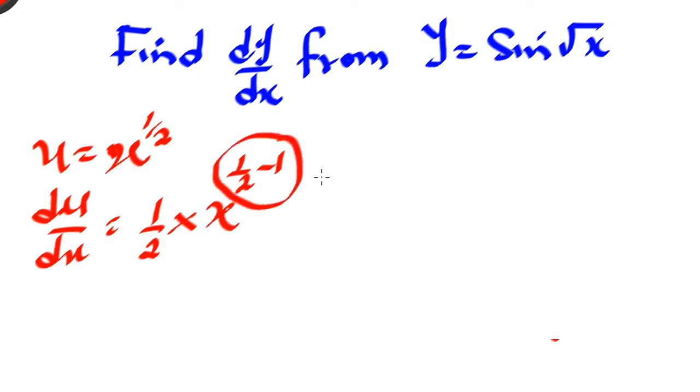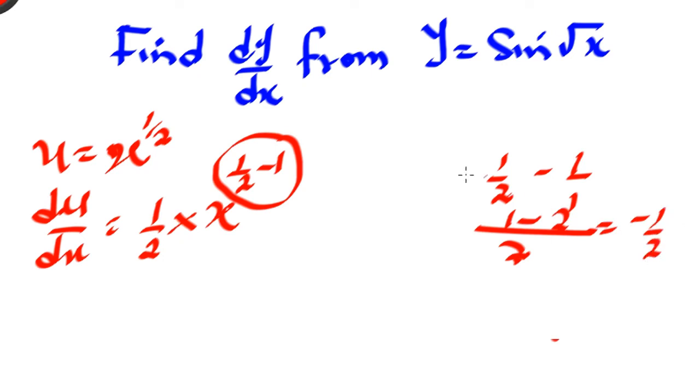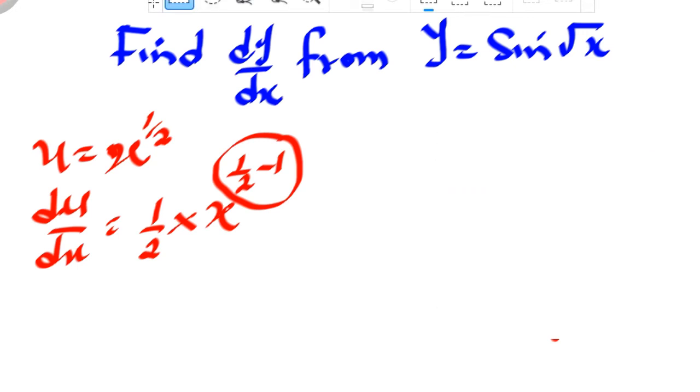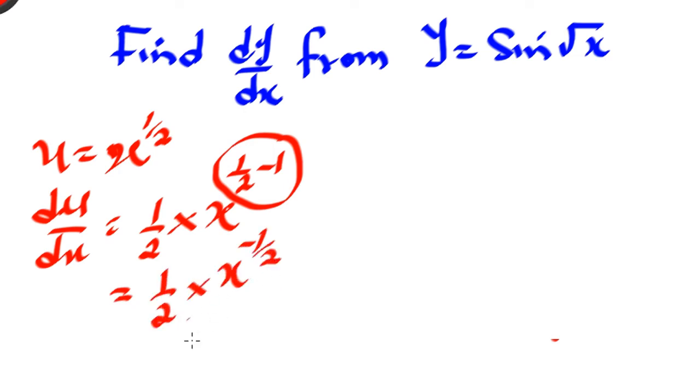This gives us 1/2 minus 1/1. The LCM is 2. 2 times 1 gives 1, and minus 1 times 2 gives minus 2, so that gives minus 1/2. Therefore, this is equal to 1/2 multiplied by x raised to the power minus 1/2.